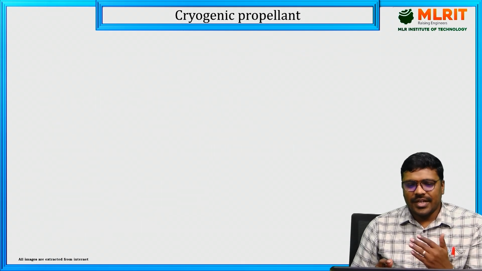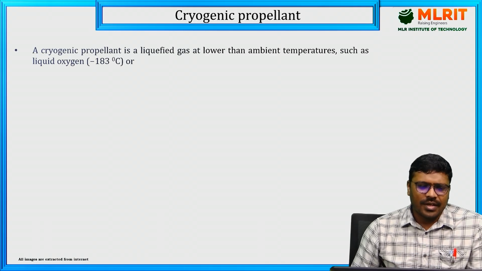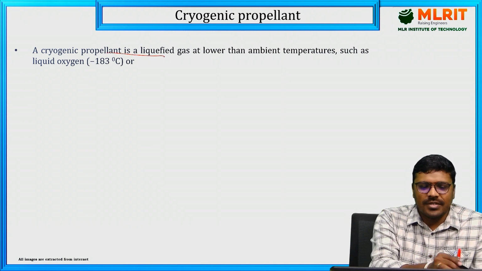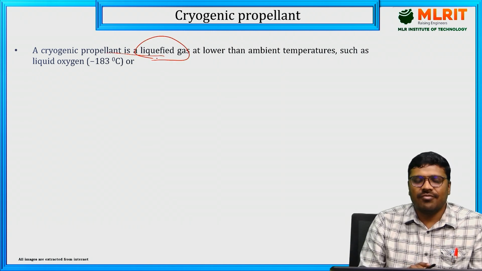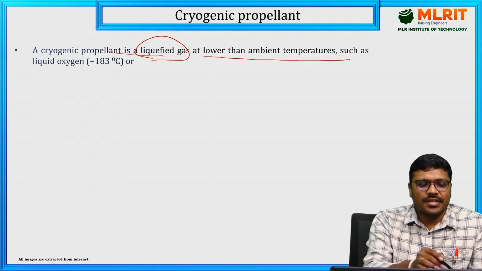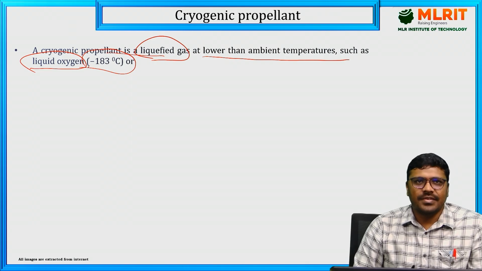The next category of bipropellant is cryogenic propellants, which we already discussed. The cryogenic propellants are liquefied gases, stored at temperatures lower than ambient, such as liquid oxygen, which is stored at minus 183 degrees centigrade.